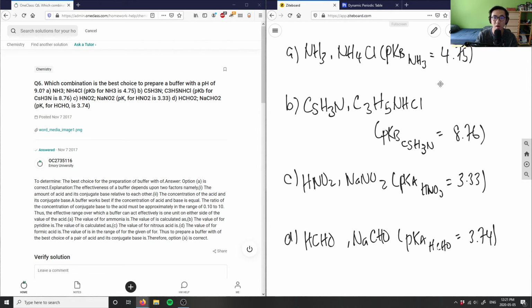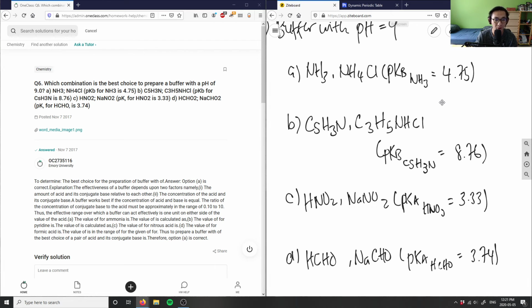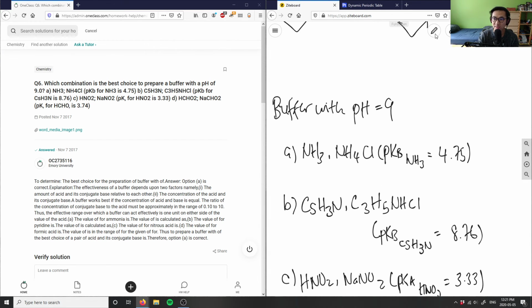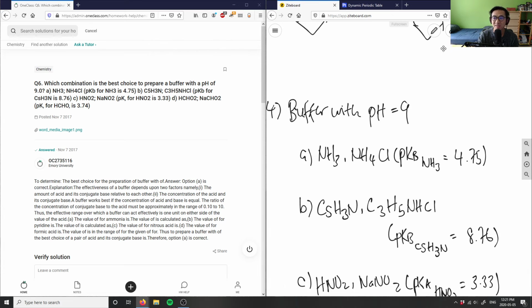Okay, sweet. So we're given all 4 of these guys here, and we're making our buffer here. We want it to be in the range of pH 9, right? So how do we make a buffer? Well, our buffer works best when it's at its half equivalence point.